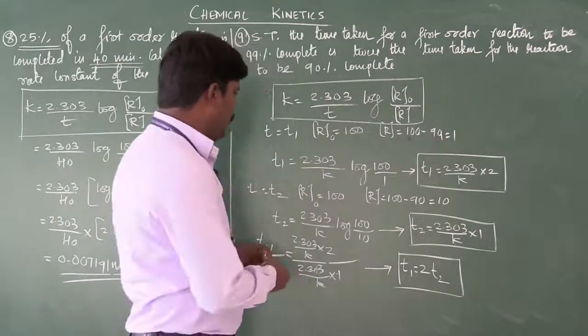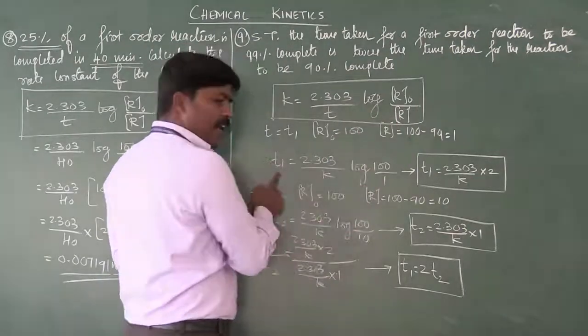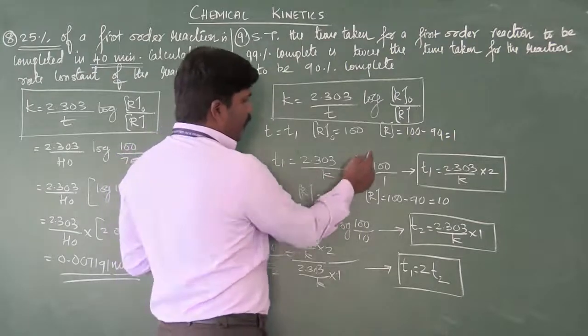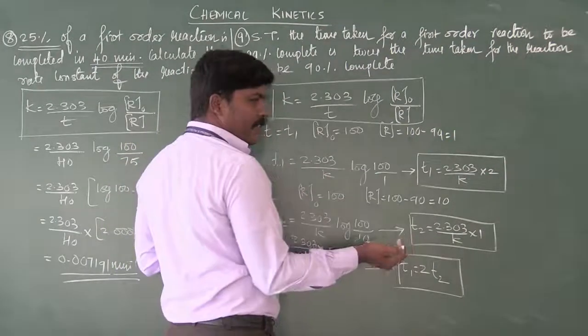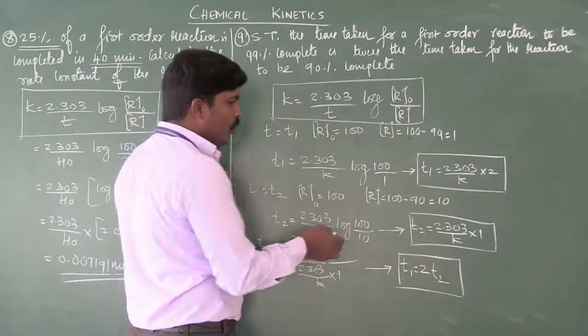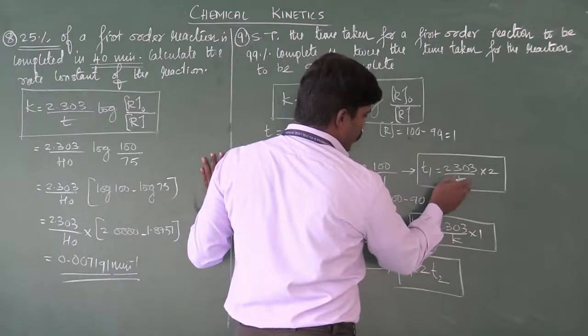Let me come to the basic formula. Let us consider for 99% complete time as T1. T1 is 2.303 by K log 100 by 1. You know log 100 is 2. Therefore T1 is equal to 2.303 by K into 2.